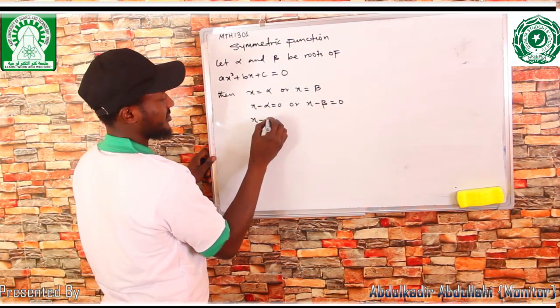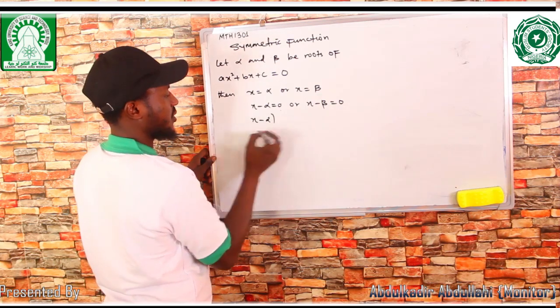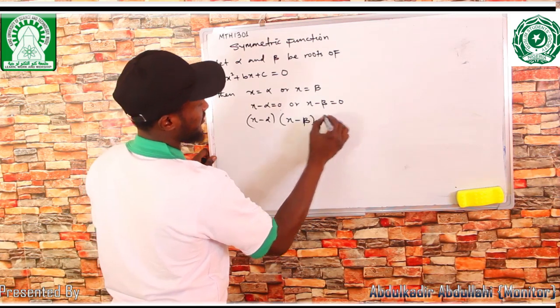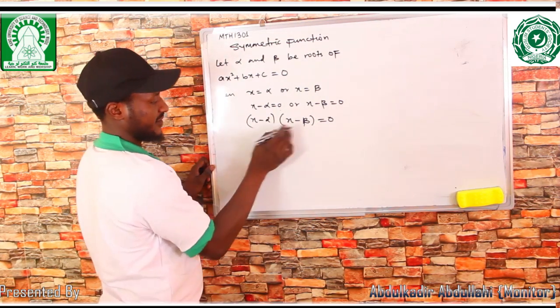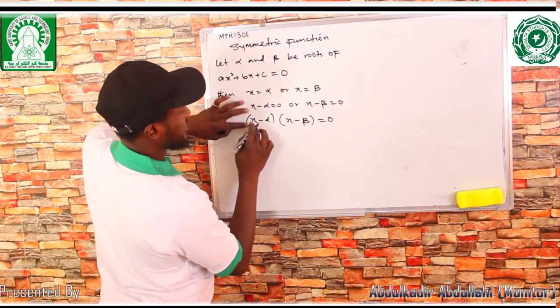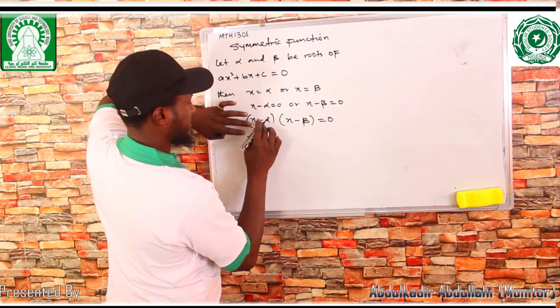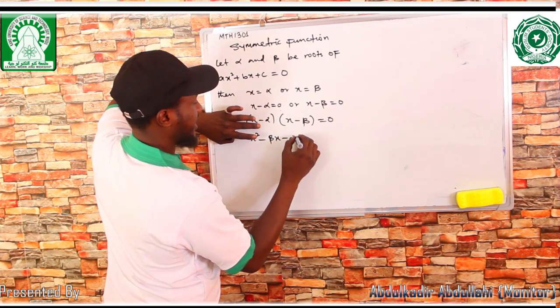Having this, since they are all equal to 0, you can just multiply them and equate the product to 0. We expand. This times this, we have x squared, x times minus beta, minus beta x. This times this, minus alpha x.